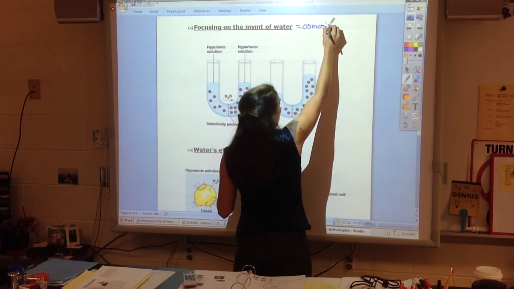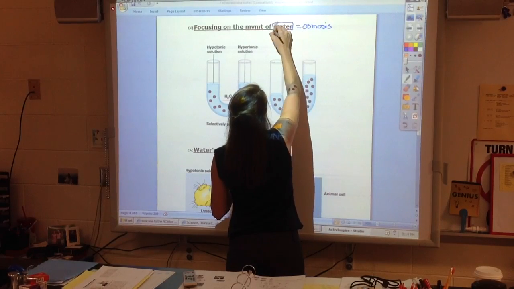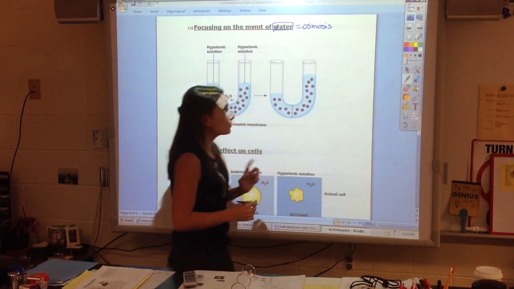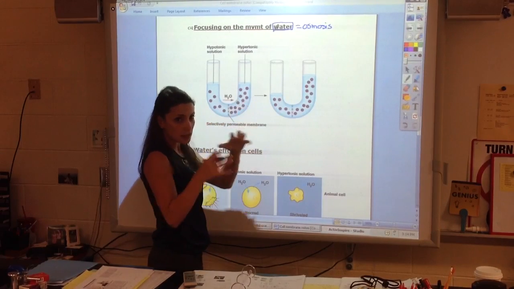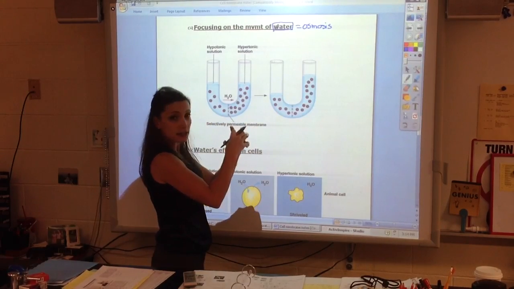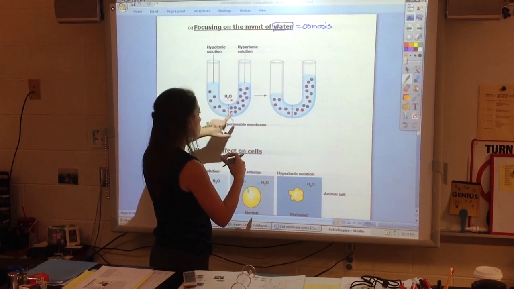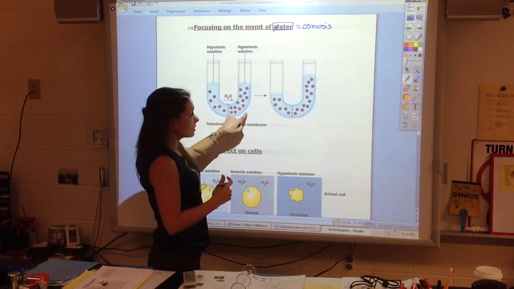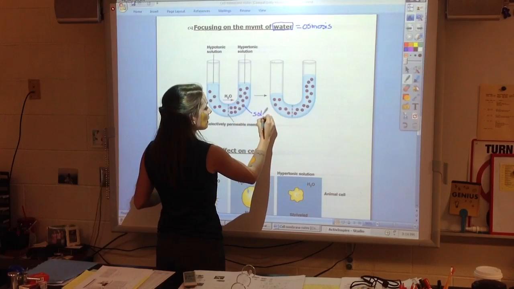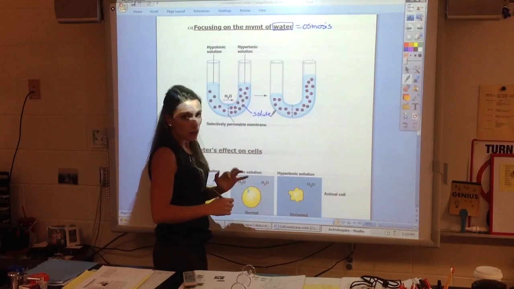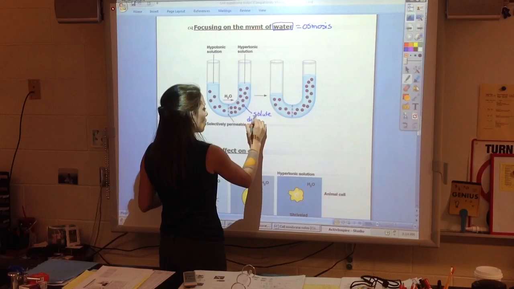This word refers only to the movement of water, nothing else. And what we're going to see is that water, because of its property to be attracted to things, when there's a lot of solute, so these little dots here represent any given solute. A solute is something that is dissolved in water.